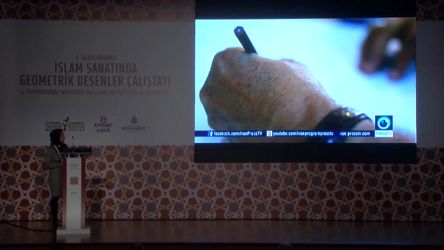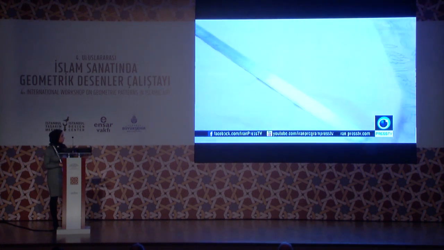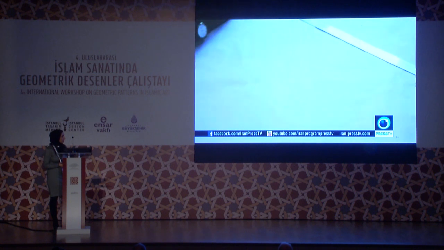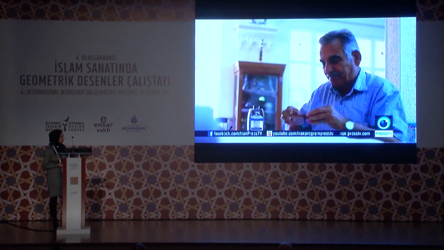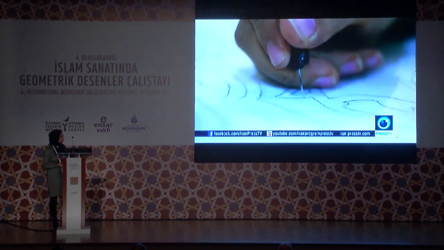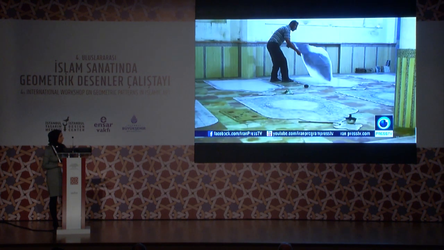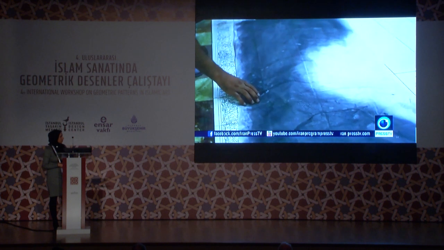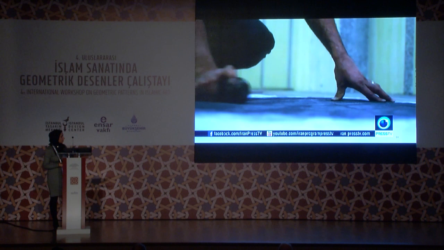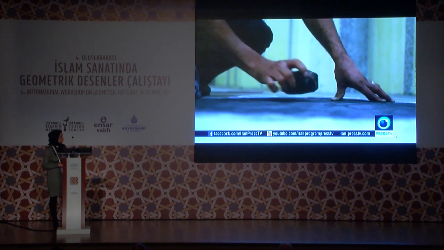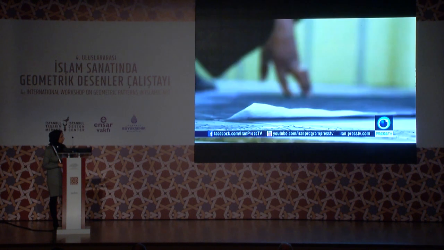Nowadays, the 7-color tiles are very popular due to their beautiful and eye-catching appearance. In order to make these tiles, first the craftsman draws his design on a piece of paper. Then, by using a piece of coal, the outline is copied on a white plain tile measuring 15 by 15 centimeters or 20 by 20 centimeters in size.